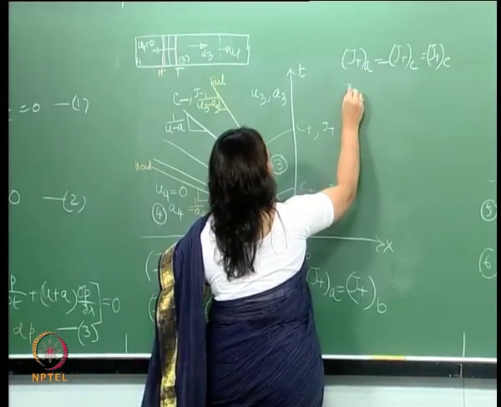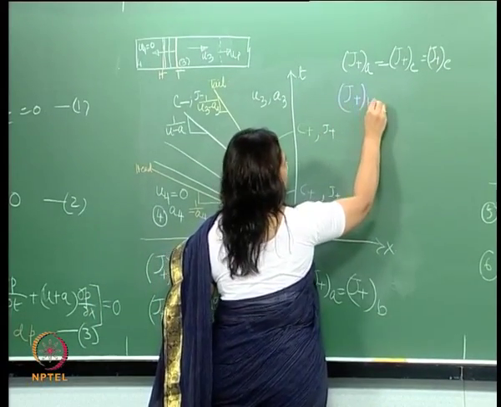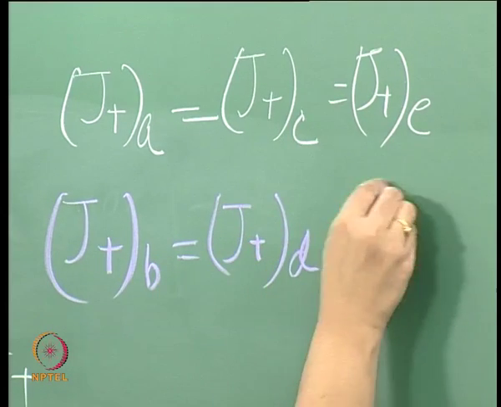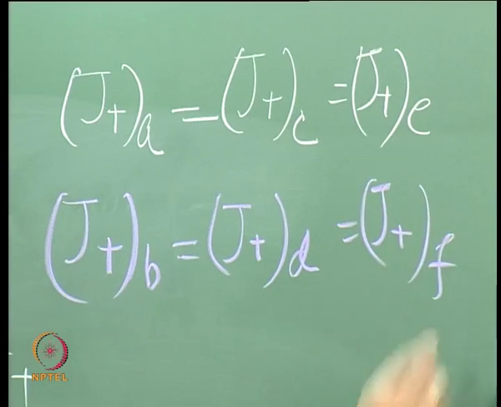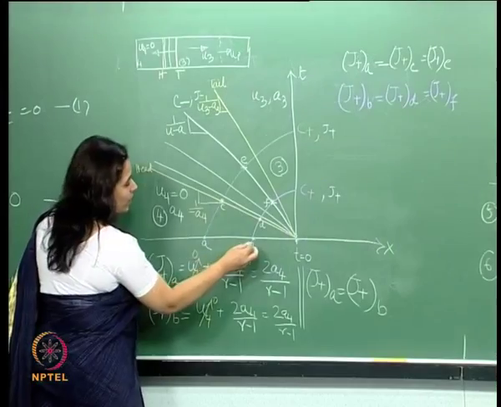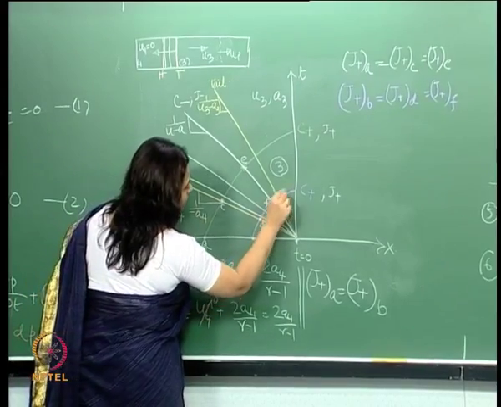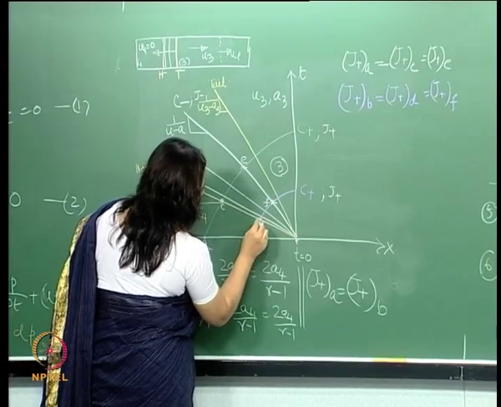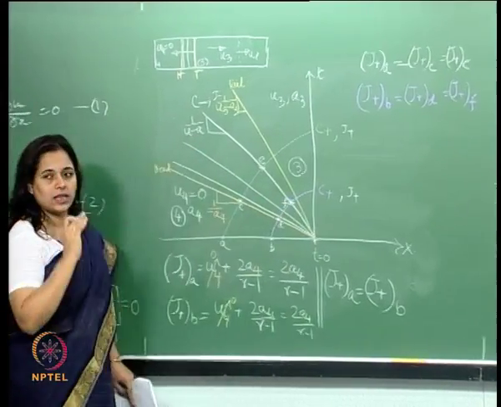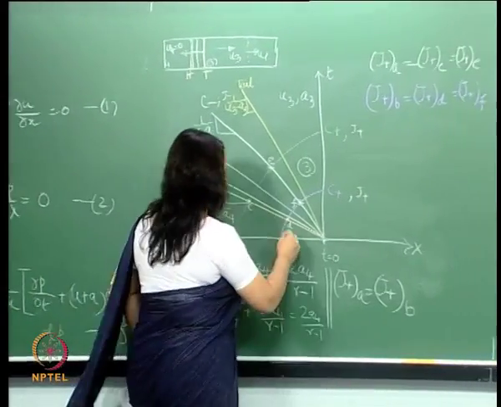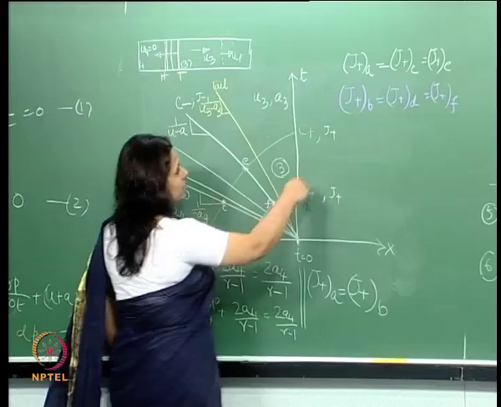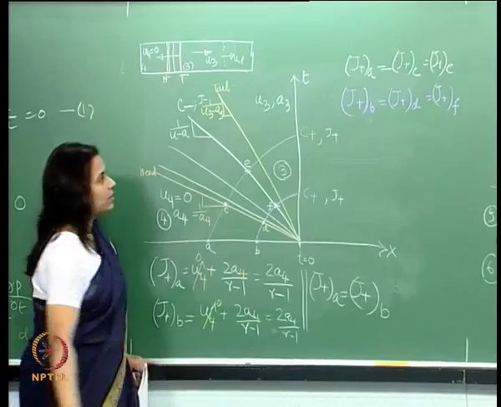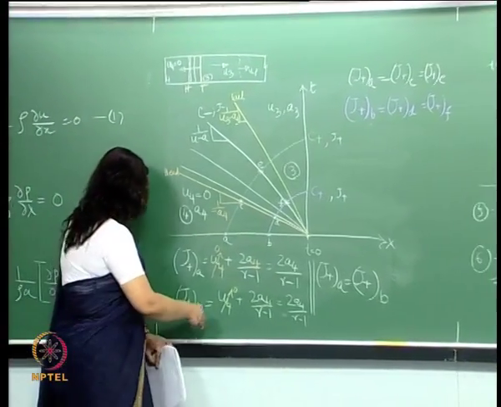What I get is J plus B is equal to J plus D, which is equal to J plus F. So, I am just going to different points of this C plus characteristic, and all these points B, D and F lie on the same C plus characteristic, and hence they all have the same J plus, which we were able to calculate, which is equal to J plus of B, isn't it?